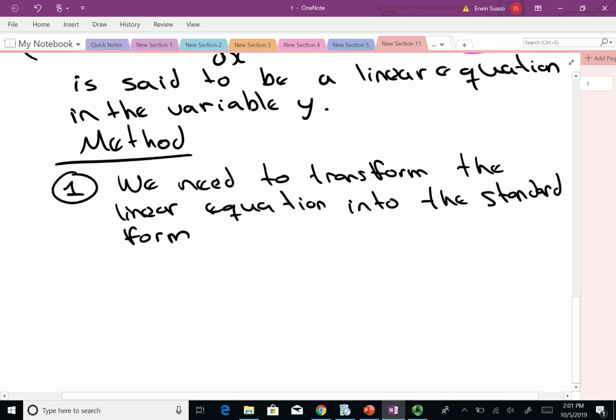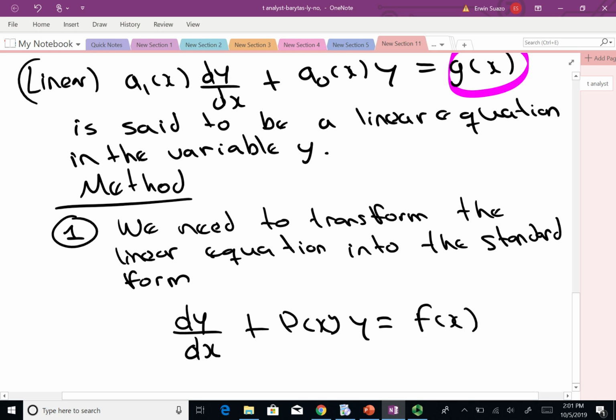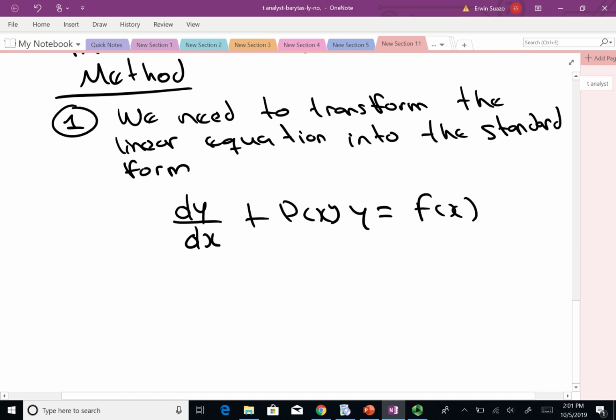So basically we're going to divide everything by a1 of x, and then we don't want anything in front of dy/dx. We want it of this form: dy/dx plus p(x) y equals f(x). So after dividing we got f of x.